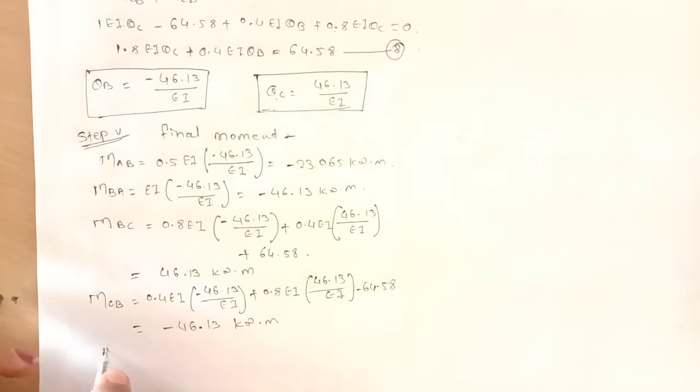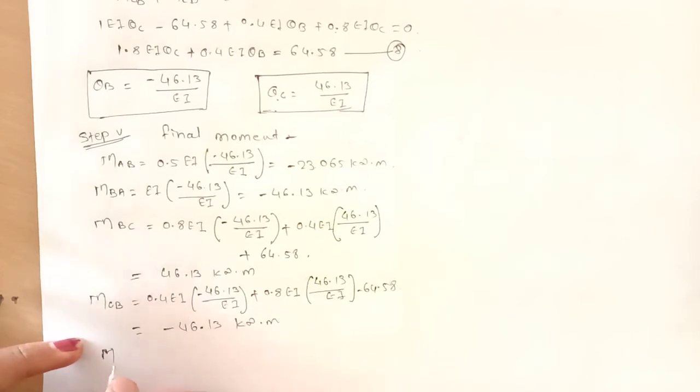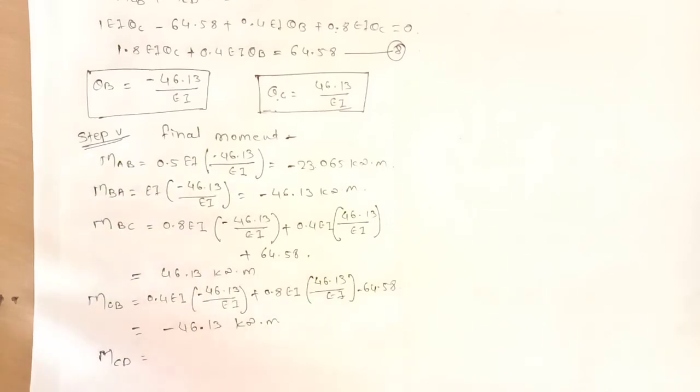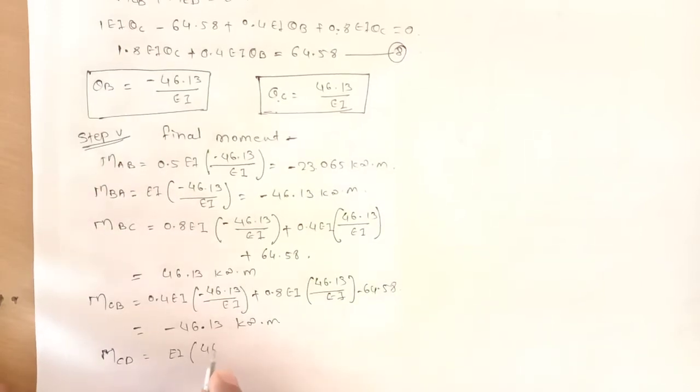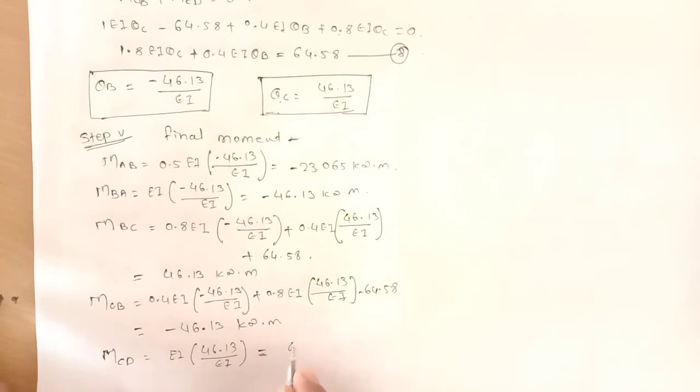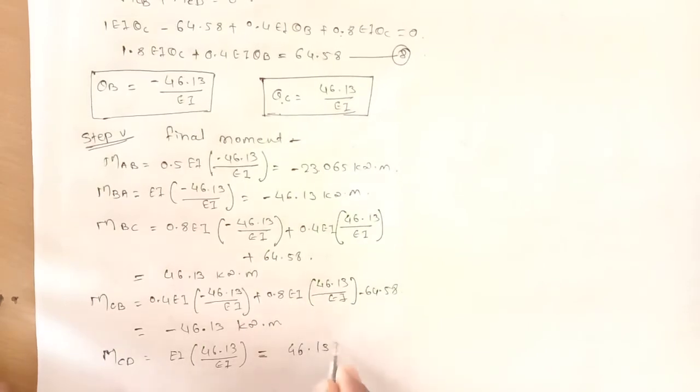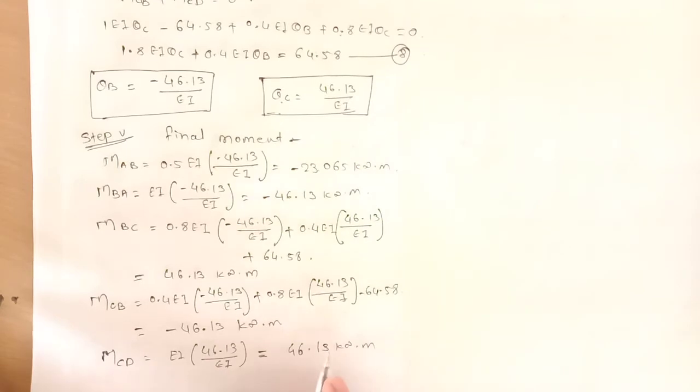Then the last member is, the end moment at member CD is equal to, the equation is EI theta C. So the theta C value is 46.13 divided by EI. So here the answer is 46.13 kilonewton meter positive.